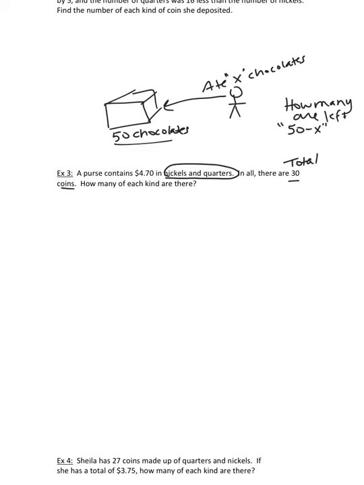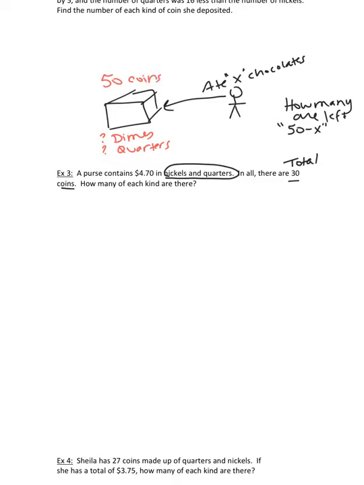Okay? That concept could apply to when you have two types of things. So instead of 50 chocolates, I'll switch colors here, imagine that there were a certain amount of dimes. We don't know how many dimes, and we don't know how many quarters. We don't know how many of each, but we know that there are a total of 50 coins.